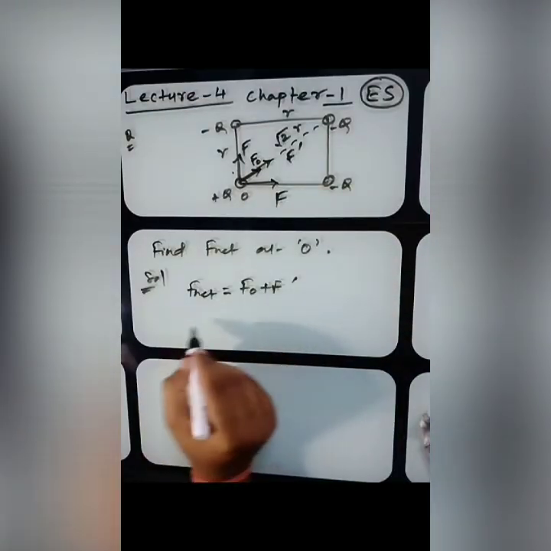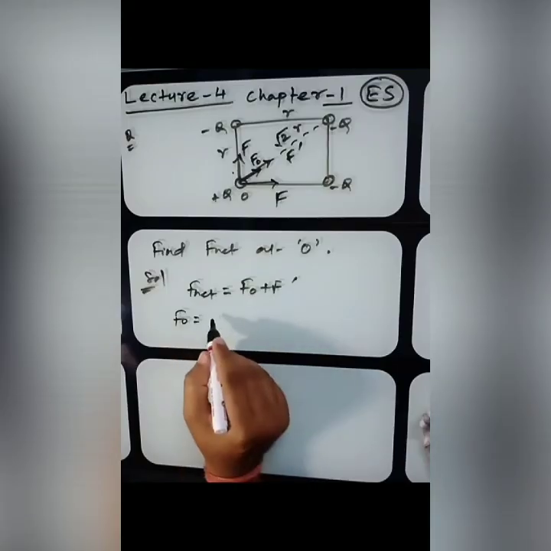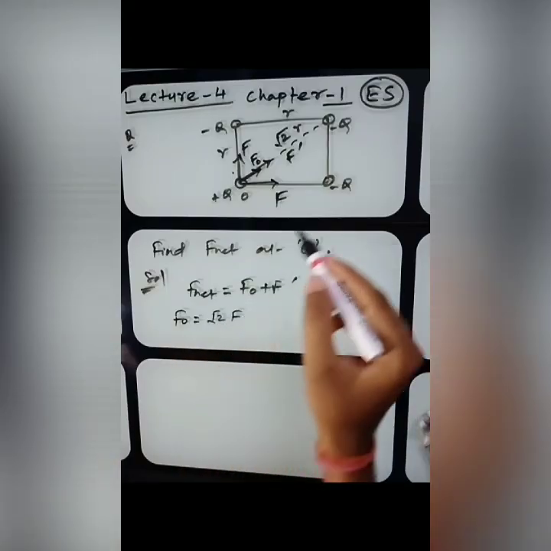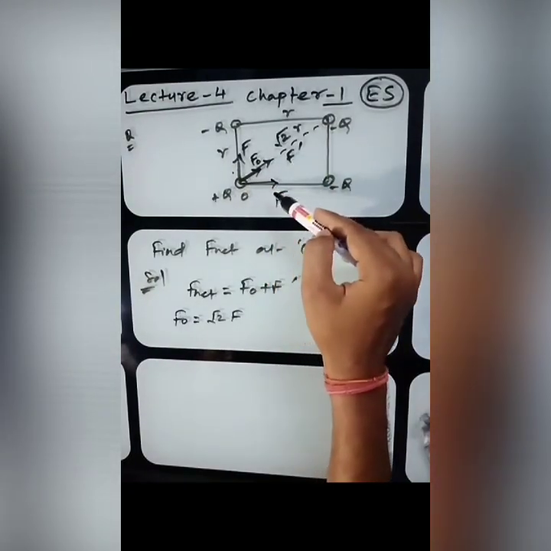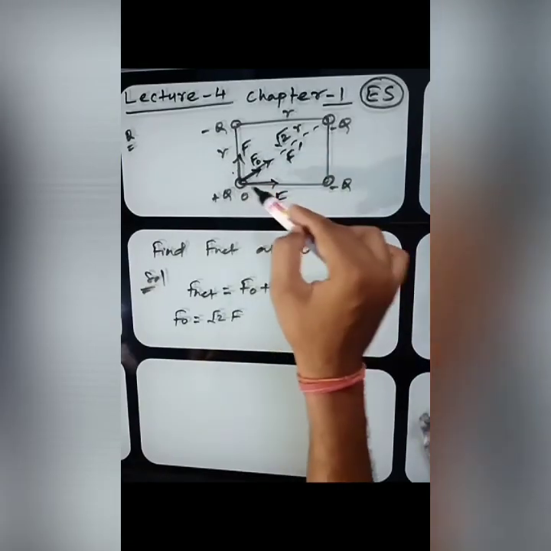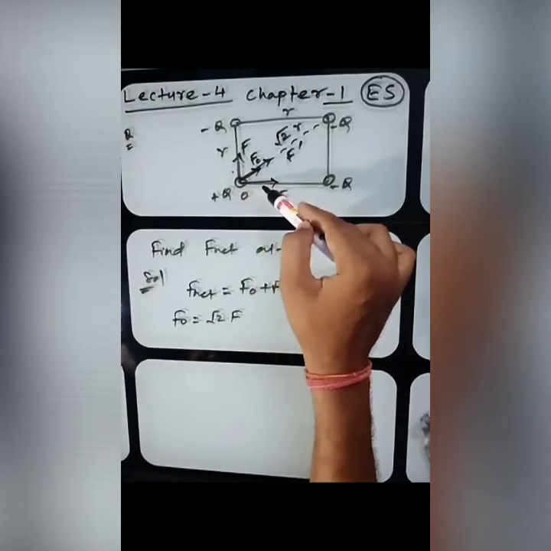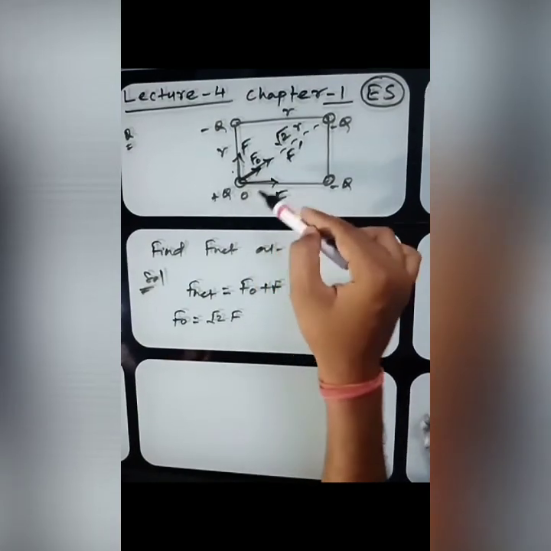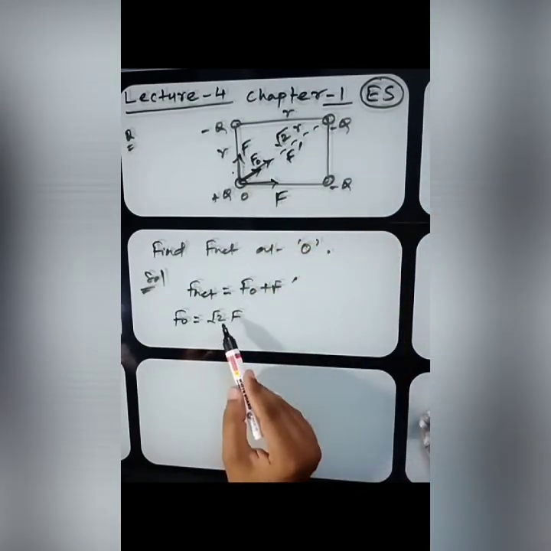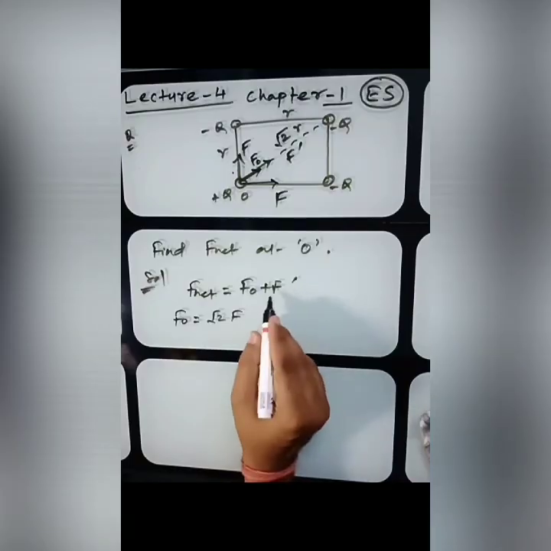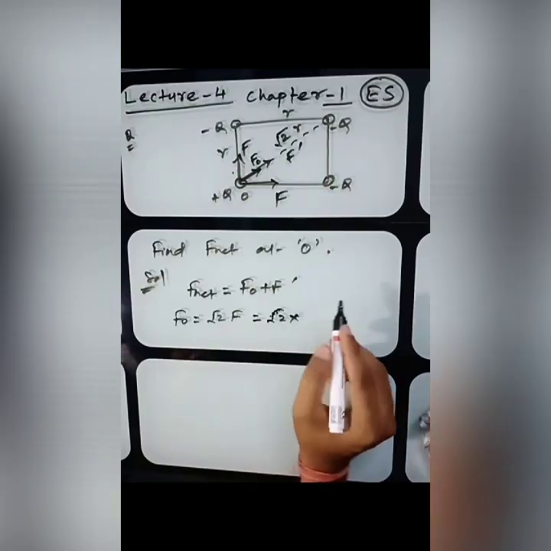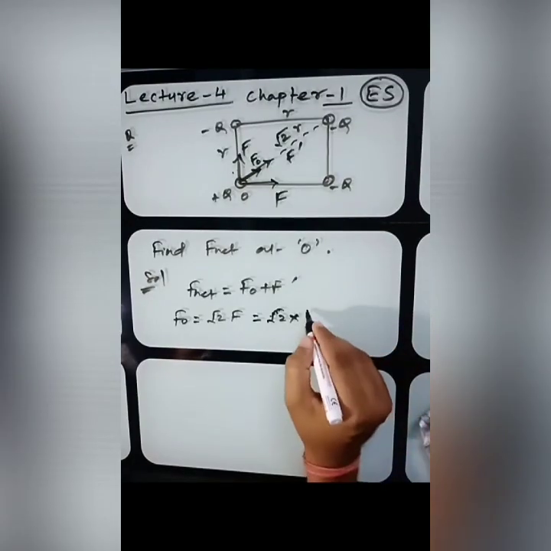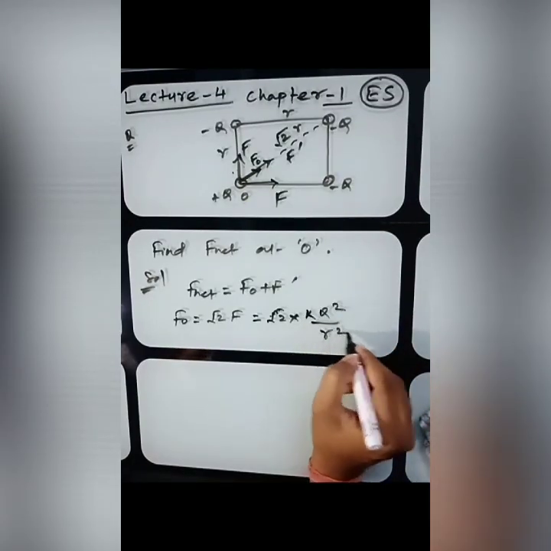So we have to find F naught. So F naught is root 2 times F. Why root 2 times F? Because the two forces are perpendicular to each other, and the equivalent value of two quantities mutually perpendicular to each other, we can write as root 2 F, and F dash will be calculated later on. So root 2 times F. F is the force between any two charges. It is k q square by r square.